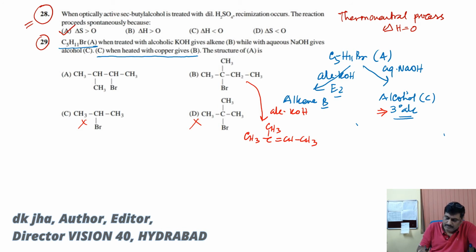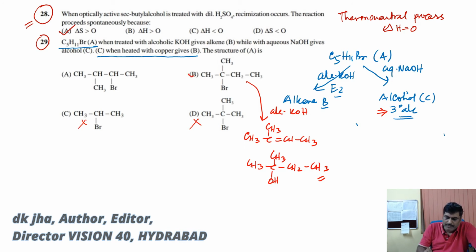Alcoholic KOH gives alkene. If you take aqueous, then what will this give? That only. On this you write here CH3 C CH3 and there the OH CH2 CH3. Yes, this will, right? So B is the best option. Is it correct?